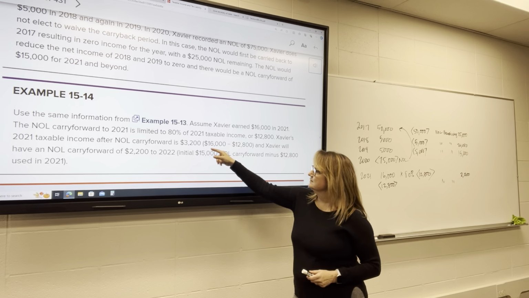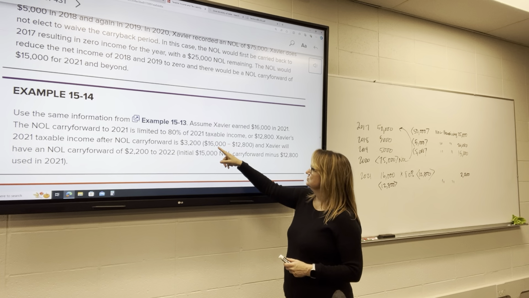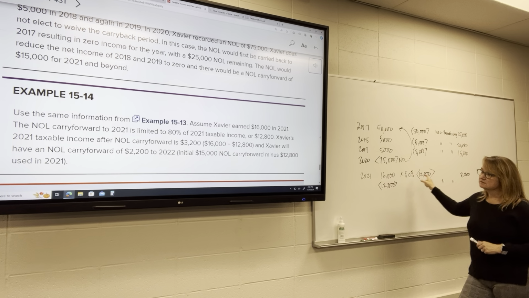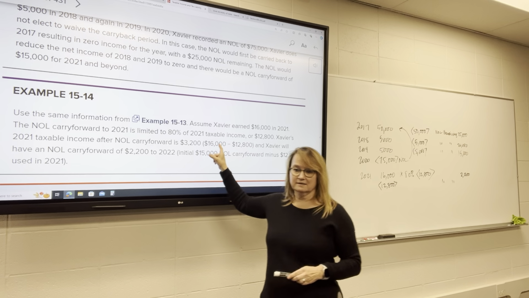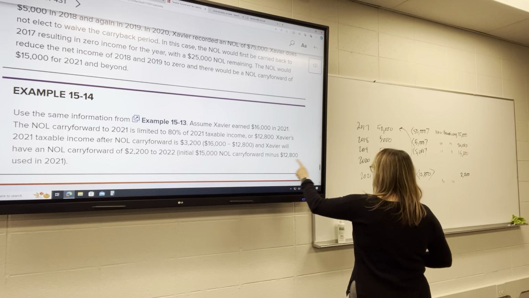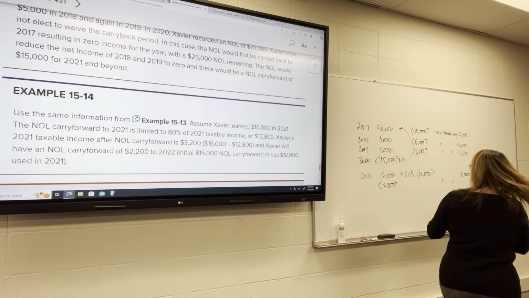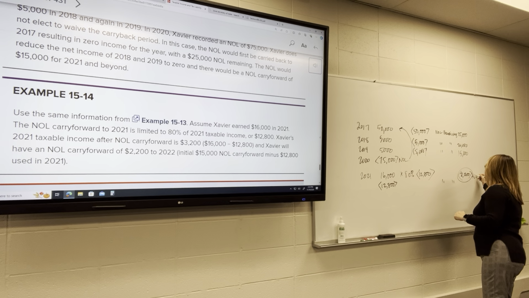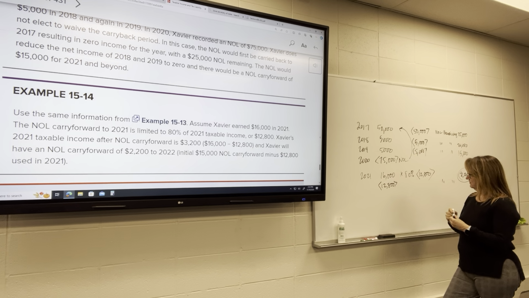They used the 16,000. They should be using the 15,000 that was remaining of the NOL. Does everybody see that? Yeah. So actually, what's remaining is $2,200 NOL remaining for the next year.